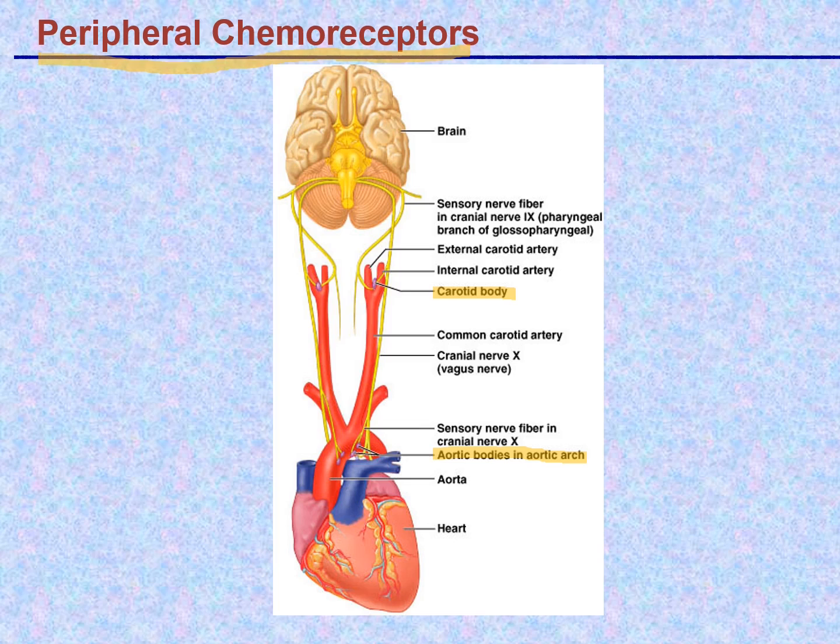A person can have their whole cerebrum destroyed, and they'll still be breathing appropriately and maintaining reasonable PO2 and PCO2 and pH, all because their brain stem has not been injured, and their respiratory centers are normal.